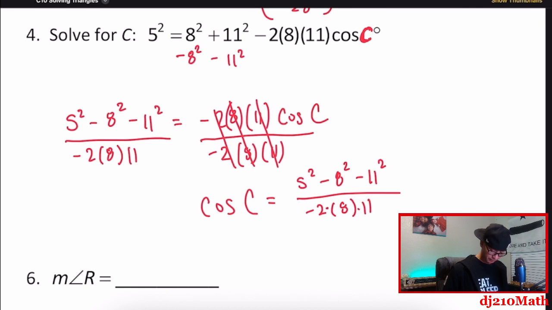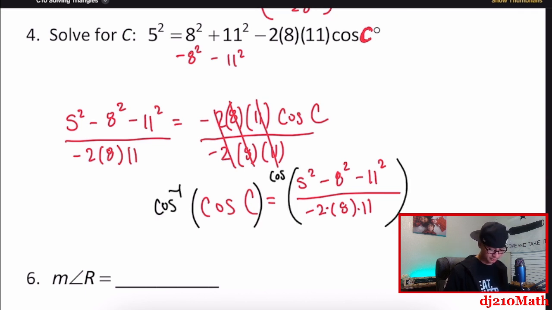Because of the cosine, we want to undo it by using inverse cosine. Now this is straight calculator work. C is going to be equal to this thing.